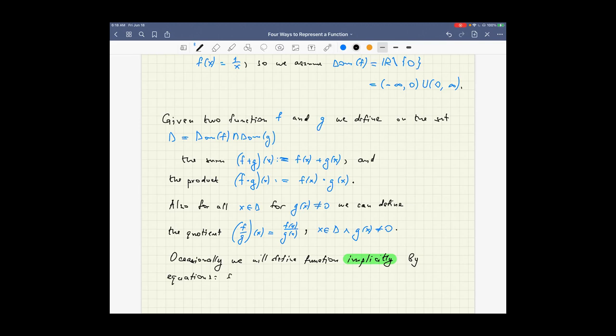Say, for example, the equation 2x plus 3y equals 7 is not explicit in y. It's not of the form y equals some function of x. But of course, we can easily solve this for y, and this equation defines y as a function of x.